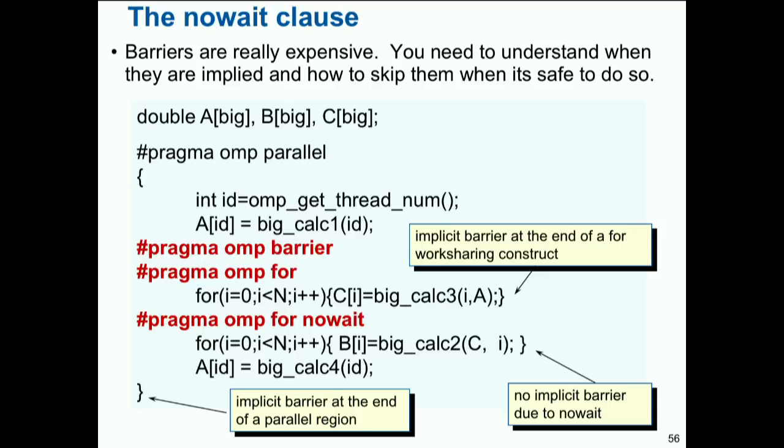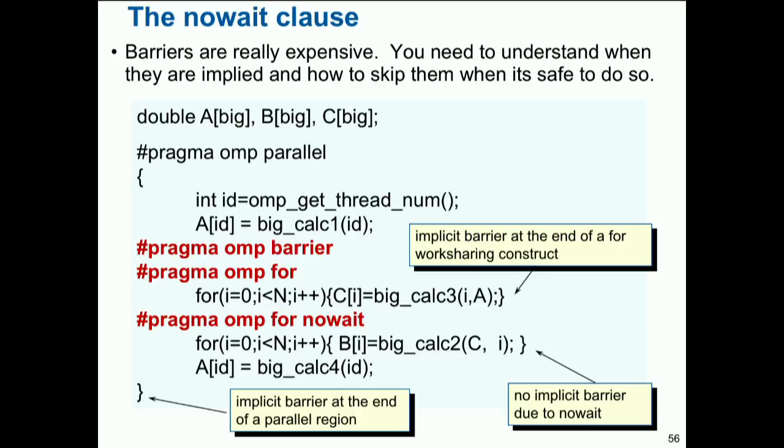If I had put a no wait there, the chances are I would create an error, because there would be some updates still happening to C, which would not be seen by the next loop, and they would read garbage. They would see stale values from the original initialization. Things would get messy. For that, keeping the implicit barrier is great. For the second loop, you don't need it, so you delete it.